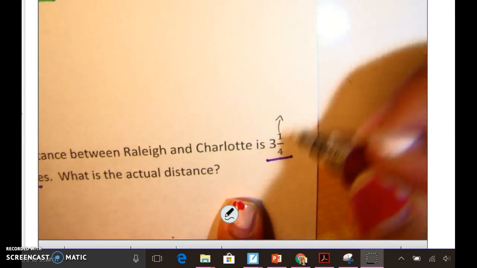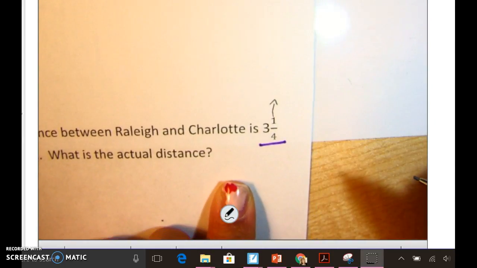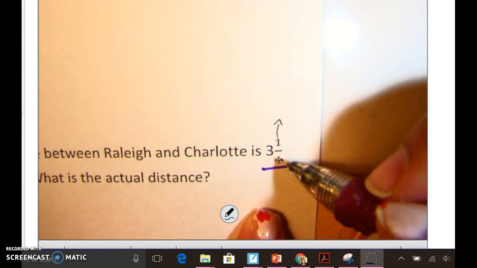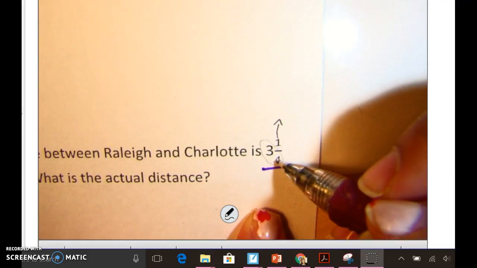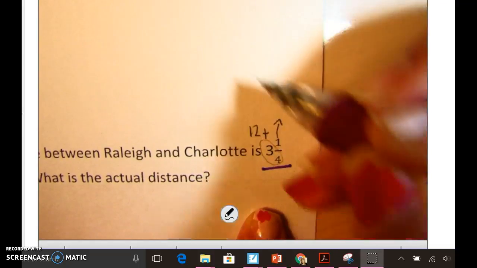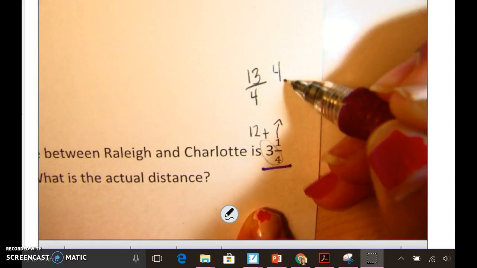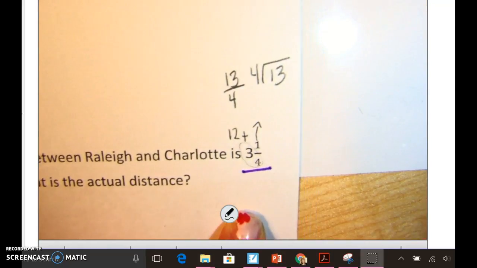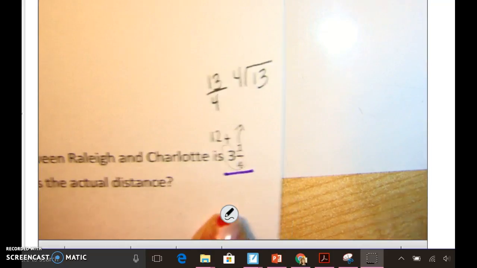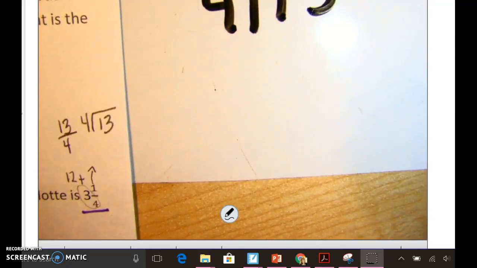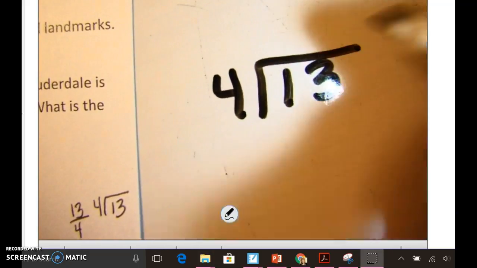So if you want to change this fraction part to a decimal, you could multiply here. 4 times 3 is 12, plus 1 is 13, so that's 13/4, and then you can divide 4 into 13. I think I'm running out of room, so I'm going to work it out on here. You work it out in your notebook if you ran out of room. How many times will it go? Well, it will go 3.